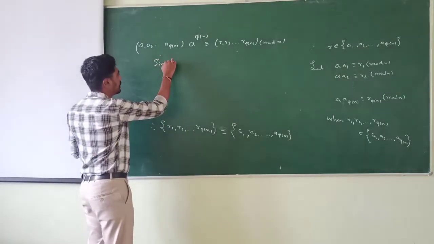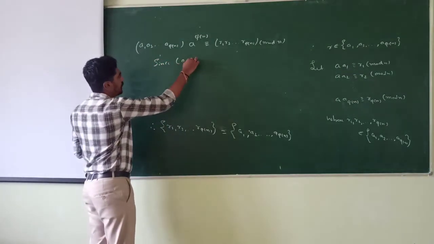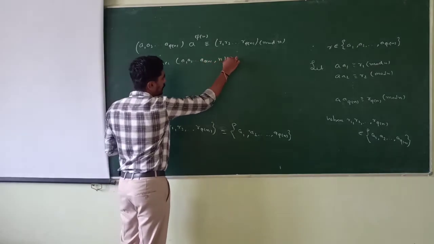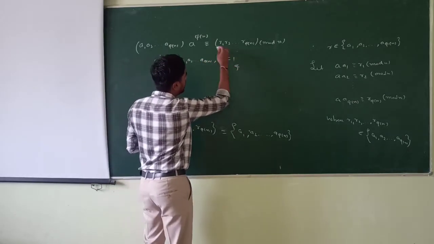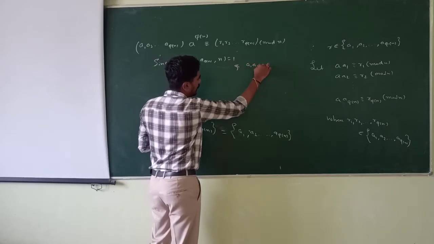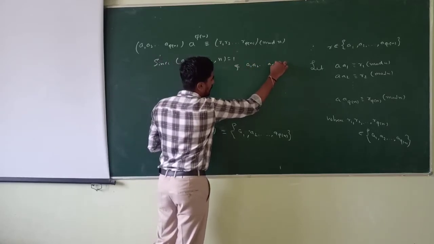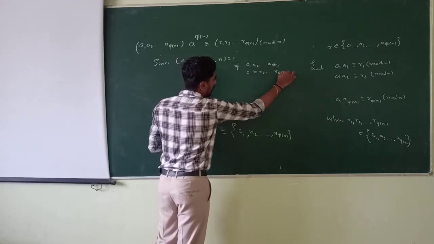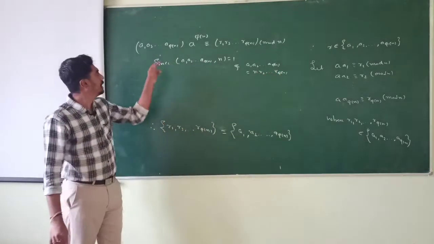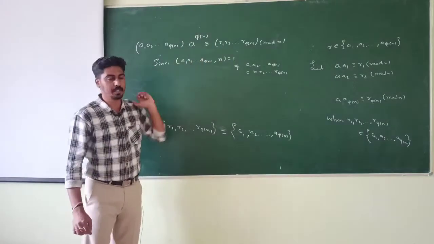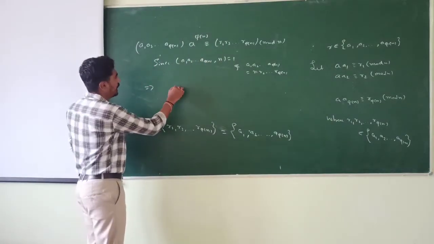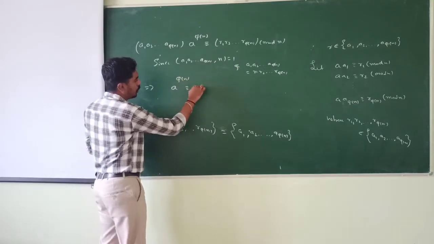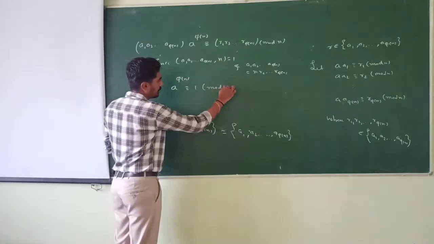Since the GCD of a1, a2, etc., a phi n and n is equal to 1, and these two products are same, a1, a2, etc., a phi n is same as r1, r2, etc., r phi n, we can cancel these two terms on both the sides. So I get a to the power of phi of n is congruent to 1 modulo n.